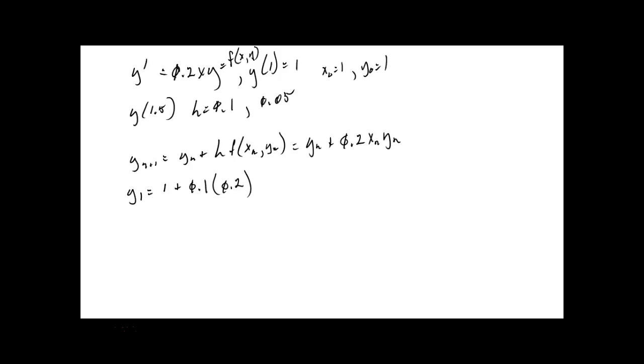That's 0.2 times 1 times 1. So that's 0.2. Okay? So your y1 is equal to 1 plus 0.02 by that, which is 1.02. That's your y1. Your x1 is 1.1.